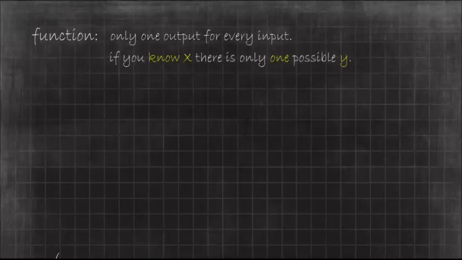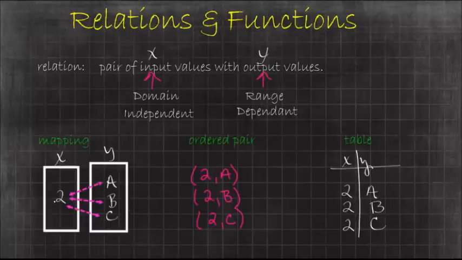The way I usually remember this is if you know what x is, so I tell you x is 6, there's only going to be one possible y. You'll notice that if I know x, which is 2, do I only have one choice for y? Now the answer to this particular example is no. Even though this is a relationship, this is not a function.